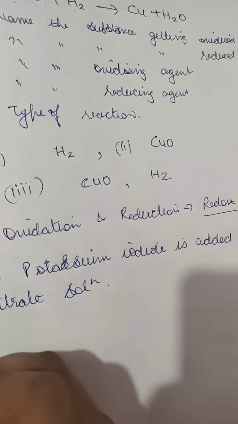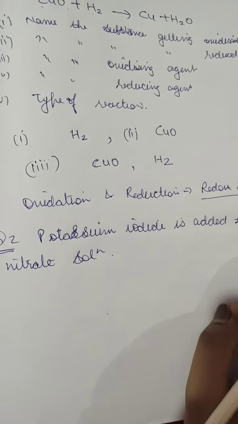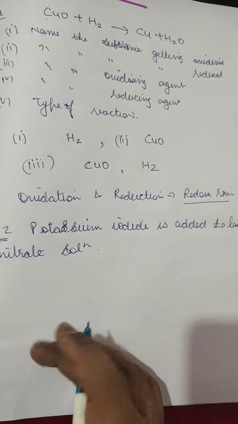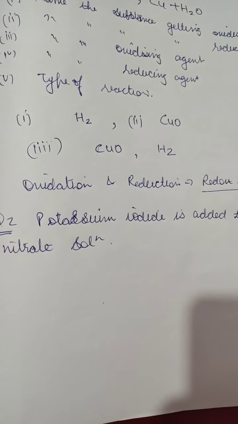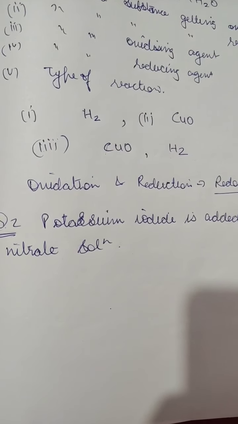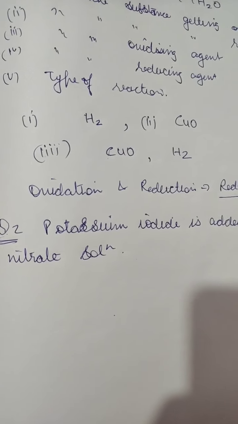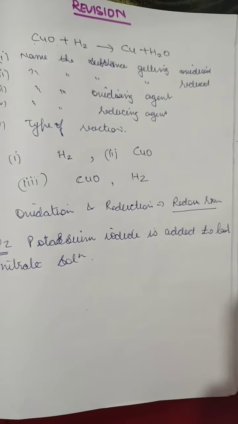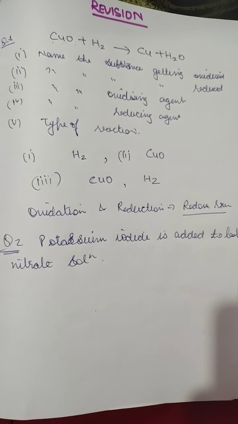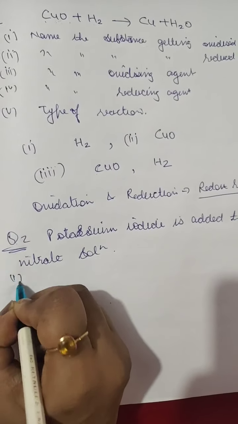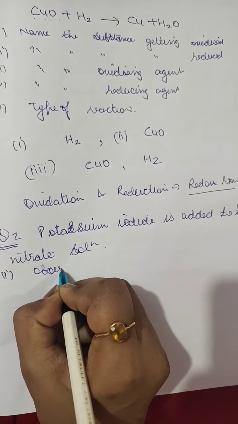Okay, so in this reaction there could be certain questions. This can come for 3 marks, where you have to write the reaction, which will be a balanced one, then find out which type of reaction this is, and then the observation, what your observations are in this reaction. So now, if potassium iodide is added to lead nitrate solution, number 1 would be, what is your observation in this?